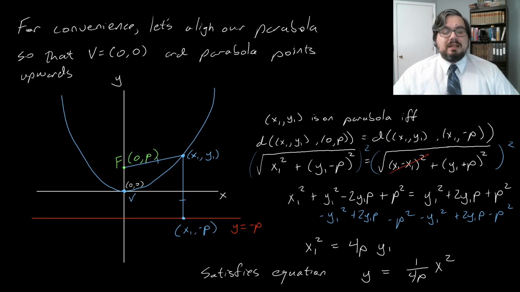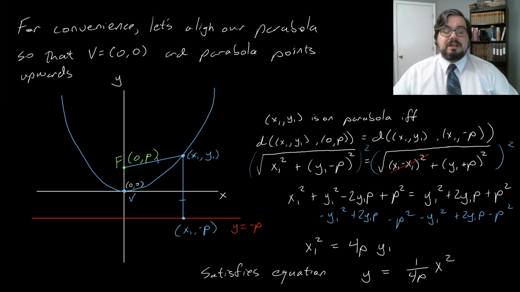So this is what the equation of a parabola centered at the origin opening upwards looks like in terms of this number p. If we make p be a negative number instead, then what that's doing is shifting the focus down to the negative y-axis. In that case, the parabola will open downwards.